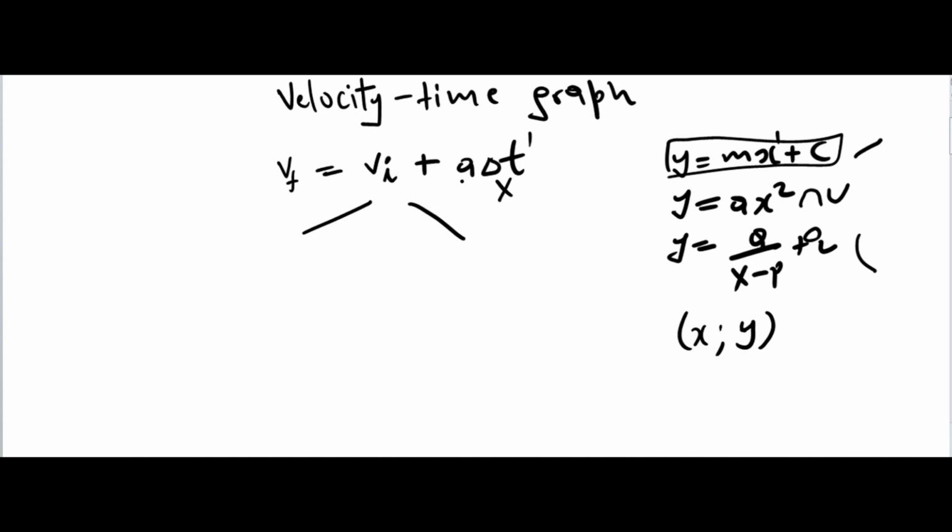Then if you can look here, when we divide the velocity by time, remember we said y, then the time is x. We get what? The acceleration, meaning that the acceleration is the gradient in this case, because it is change in y over change in x. So the gradient is acceleration.